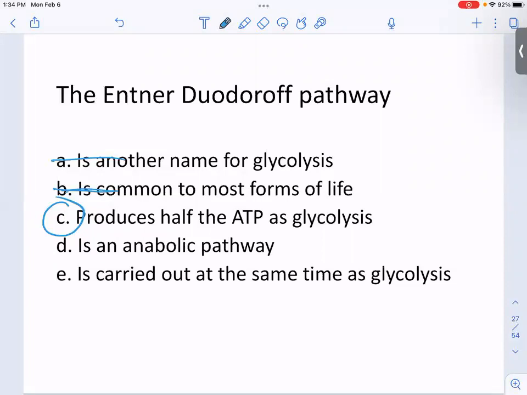No, organisms are doing either the Embden-Meyerhof-Parnas glycolytic pathway or the Entner-Doudoroff pathway. Not typically, as far as I know, ever doing them both at the same time. Now that other glycolytic pathway that we talked about, the pentose phosphate pathway, yes, organisms can be doing that at the same time as glycolysis, or as Entner-Doudoroff.